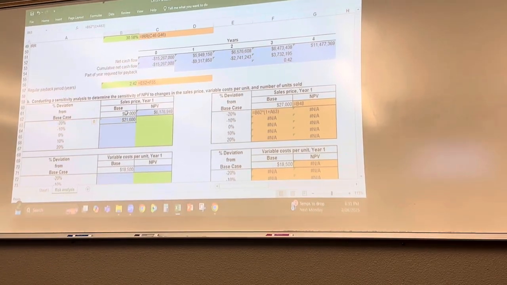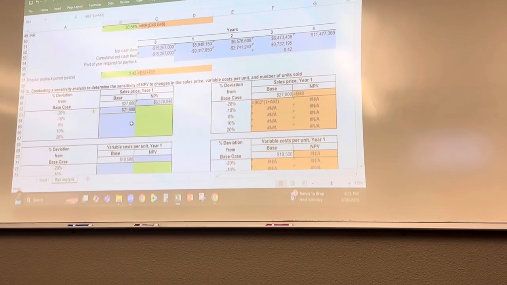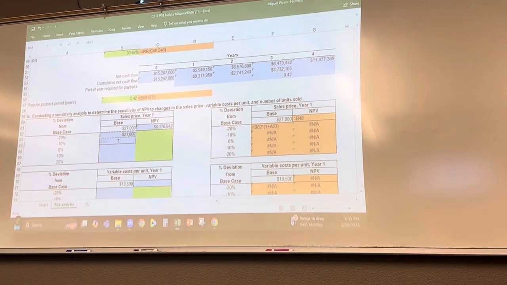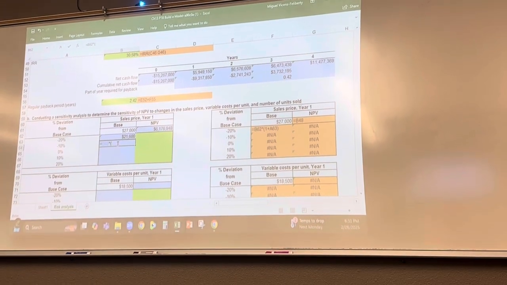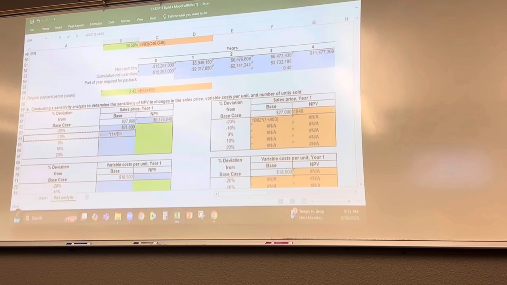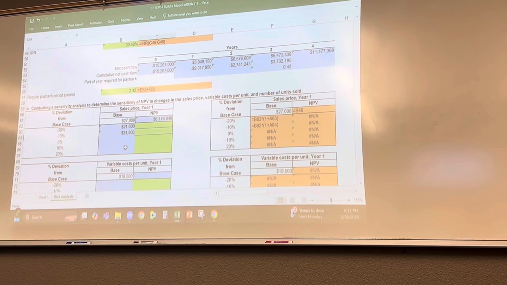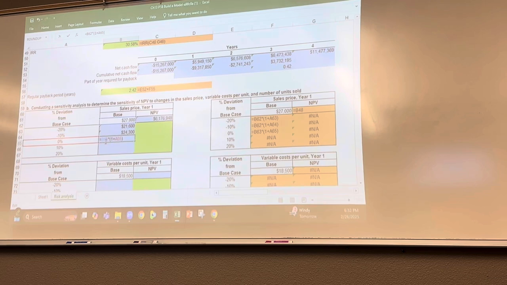So if it's 20% off, it'll be 21.6. If it's 10% off, it's going to be 24.3. Obviously, if it's 0% off, it's going to be 27.